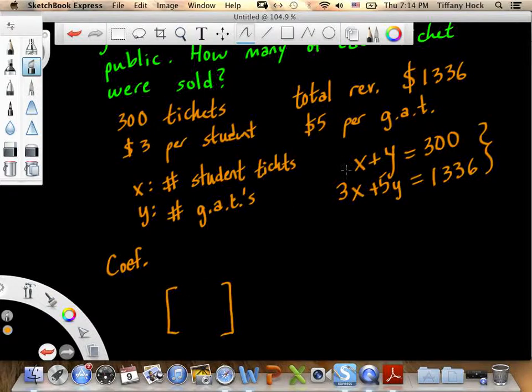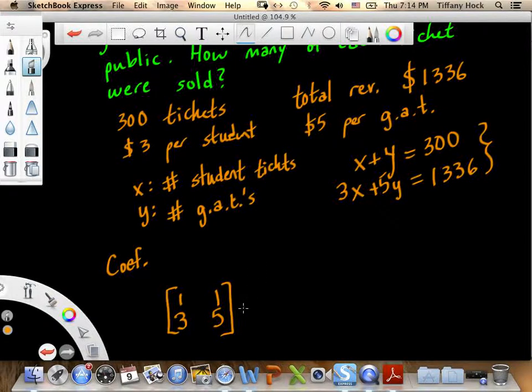Remember, if there's just an x and a y, there's a sort of hidden 1 there. And then I have 3x plus 5y. That means I'm going to have 3 as my coefficient for that x, and 5 as my coefficient here. So here's our coefficient matrix.